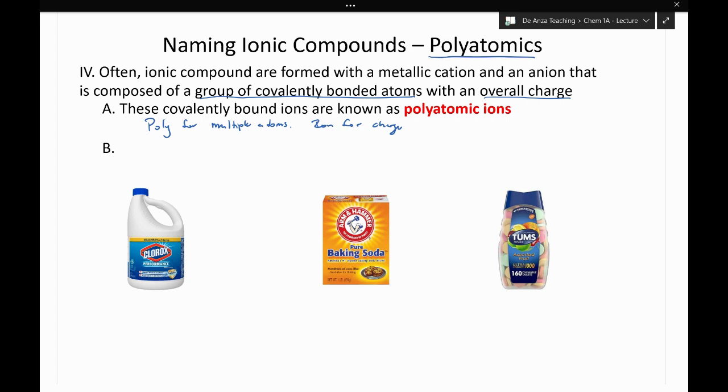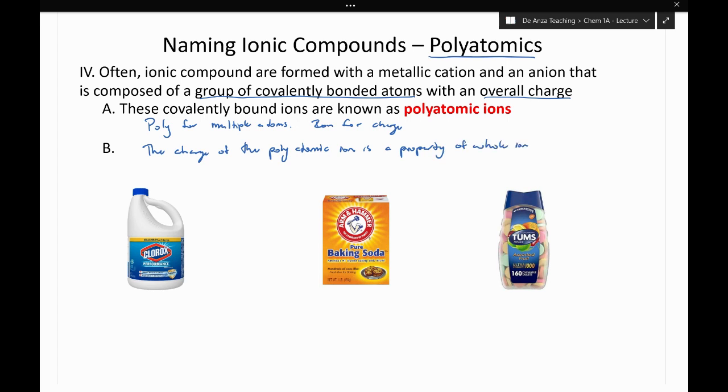And when we think about these polyatomic ions, one thing to know is that the charge of the polyatomic ion is a property of the whole ion.